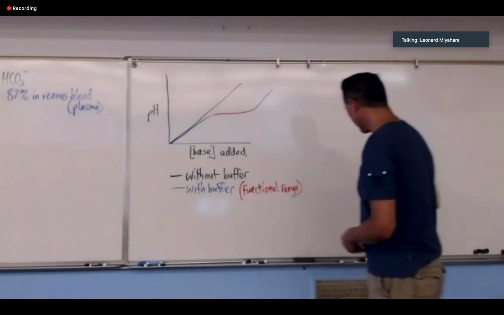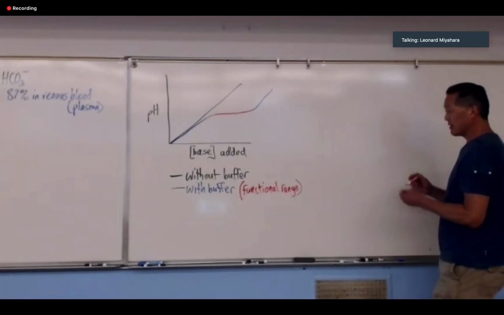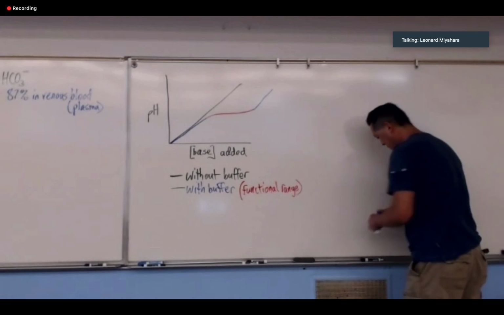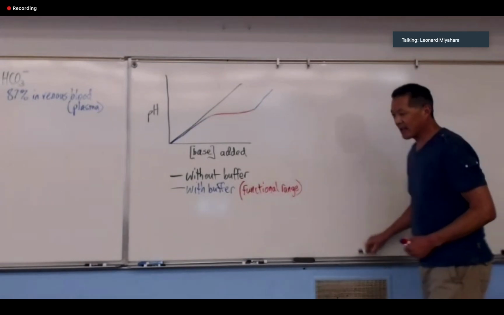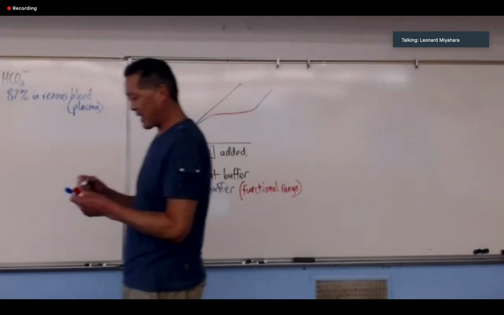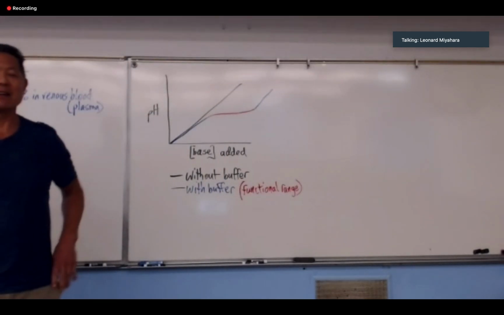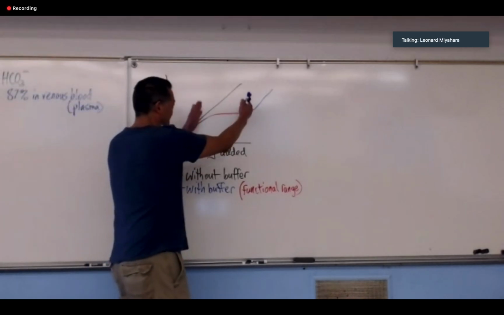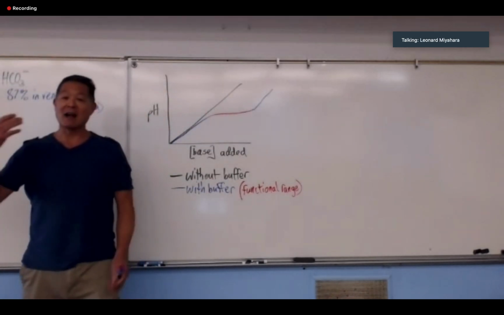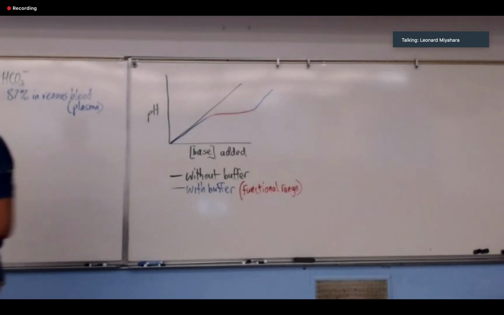And that's the red line. Before the red line, the blue line is the same as the black line. After the red line, the blue line is the same as the black line. But in that range, in that functional range, the line is flat. That's why it looks like an S shape.